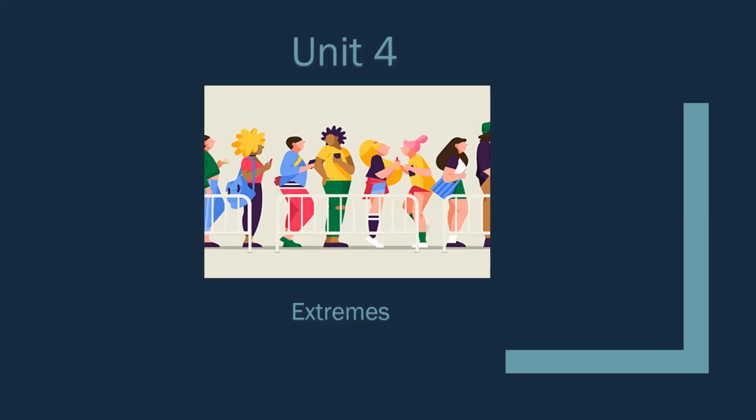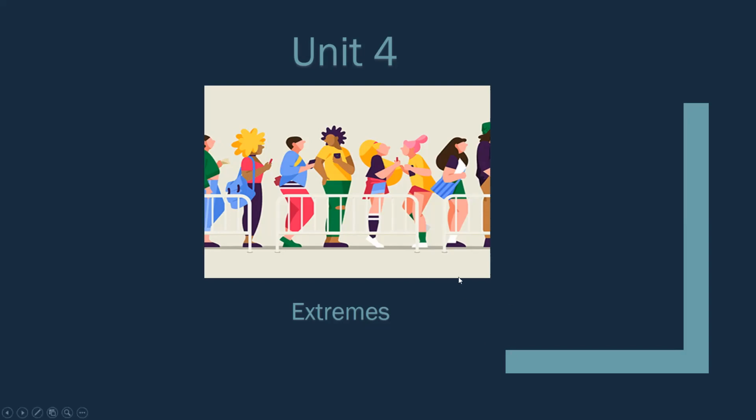And other bands, when they come here, people line up early. They arrive days before the event, and they stay in line just to see their idols. That happens to BTS and also other K-pop groups, Justin Bieber and other idols. So these are examples of extremes.